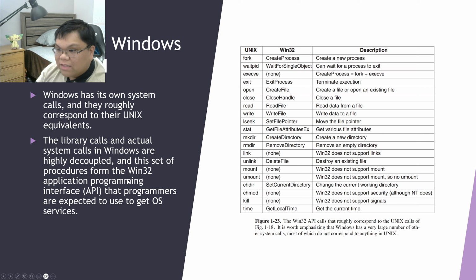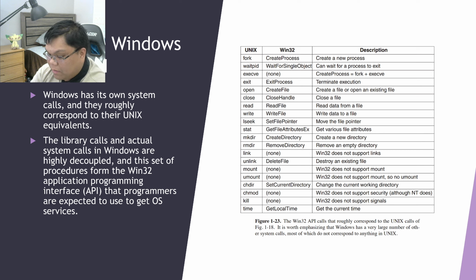The library calls and actual system calls in Windows are highly decoupled, and this set of procedures forms what is called the Windows Win32 Application Programming Interface, or API. Programmers are expected to use these to get operating system services.